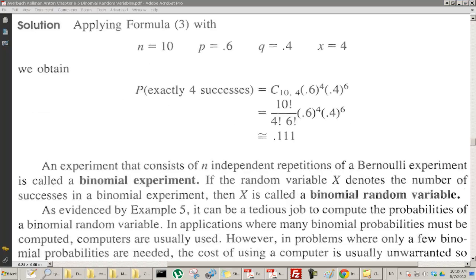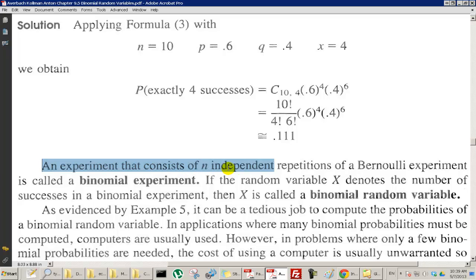Now we use the word binomial experiment and binomial random variable to give a name to these things. So they say that an experiment that consists of n independent repetitions of a Bernoulli experiment, so that's exactly what we've been talking about, is called a binomial experiment.